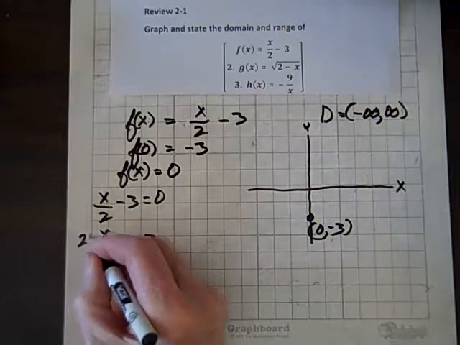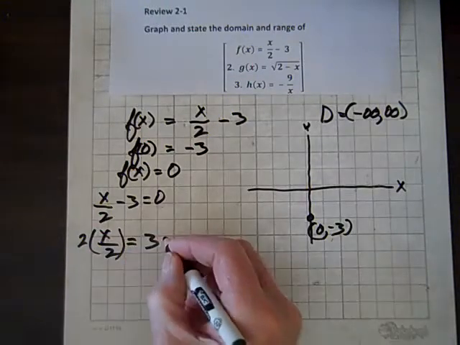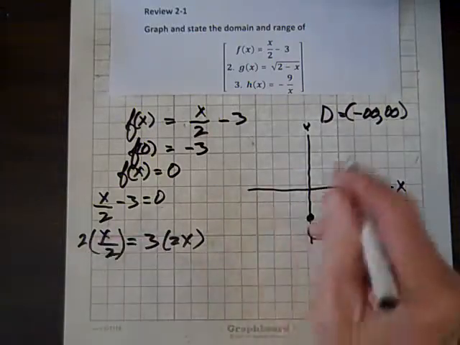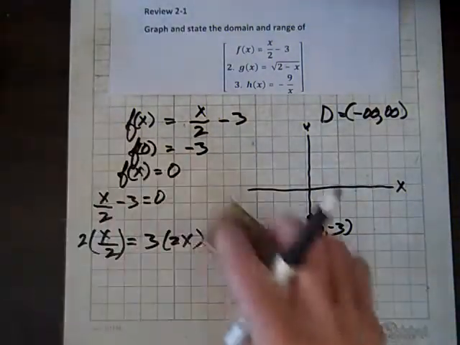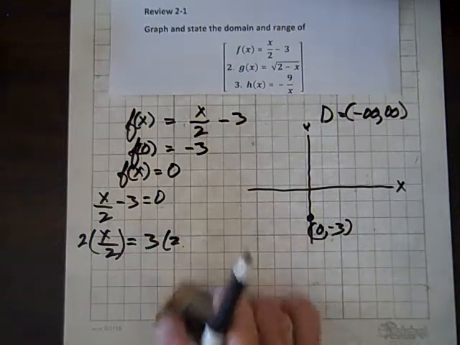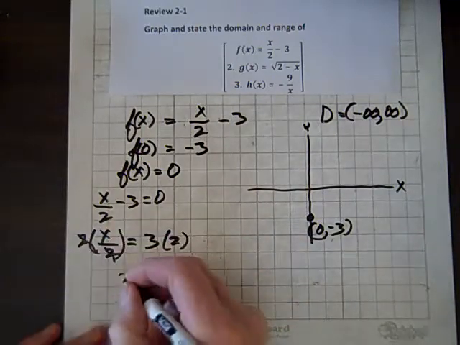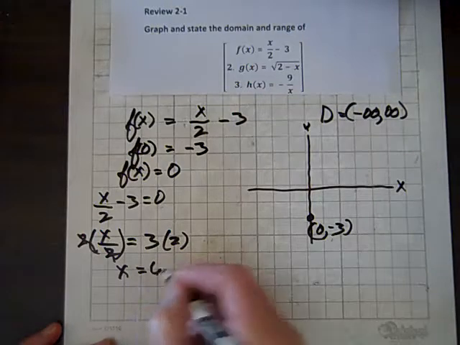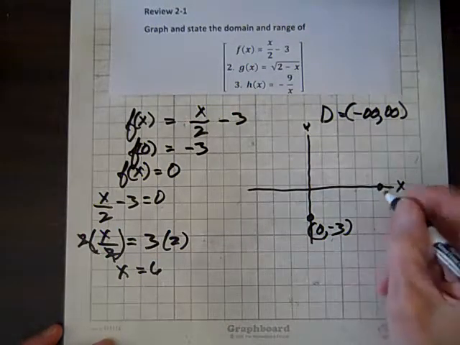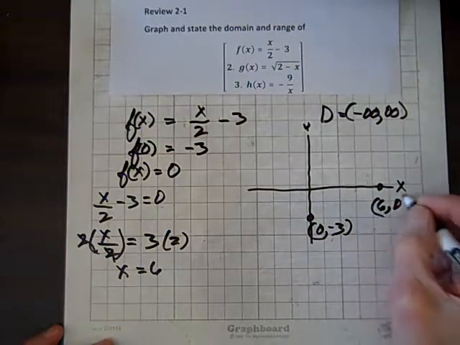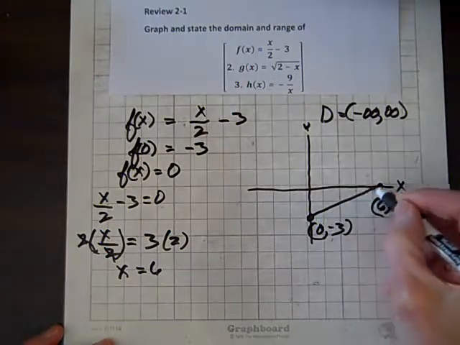Now multiplying both sides by 2. Excuse me, that's not supposed to be a 2x, that's just supposed to be a 2. Here the 2's divide out and we get x equals 6. So now we know the x-intercept is at 6, 0. And we'll graph.